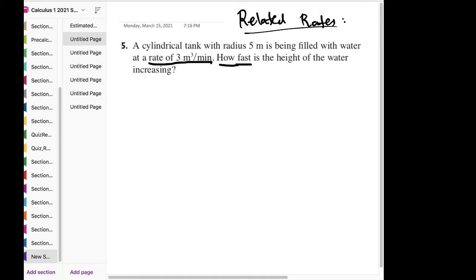So first of all, what is changing? As time increases, what is changing? Someone say? The amount of water in the tank, yeah. So in other words, the volume of the tank.